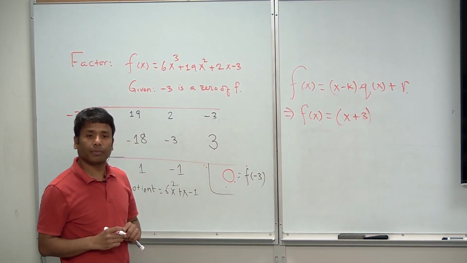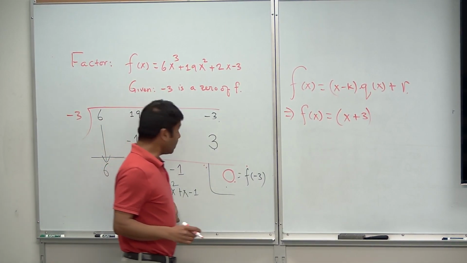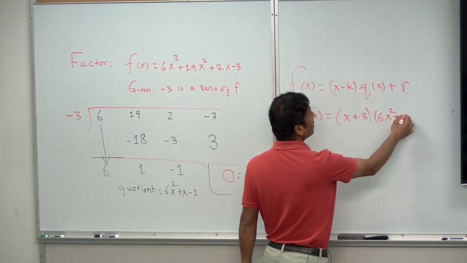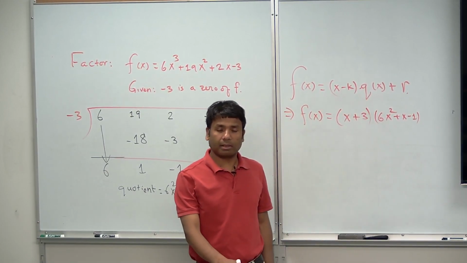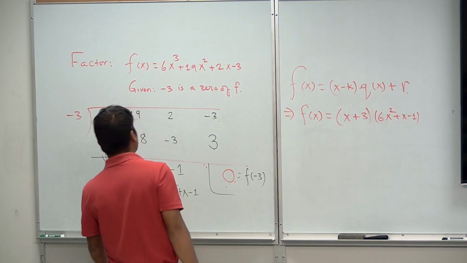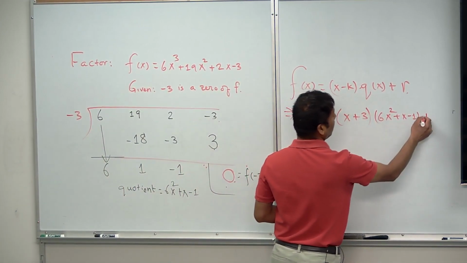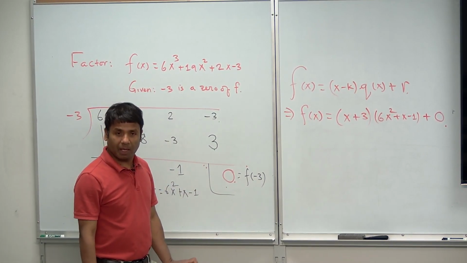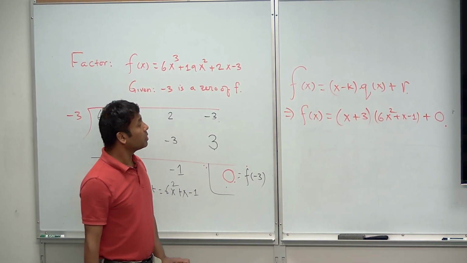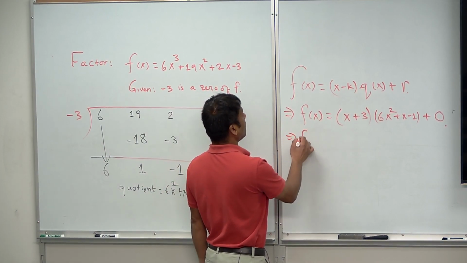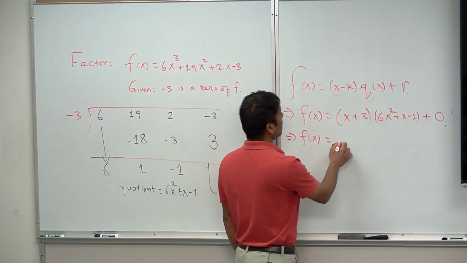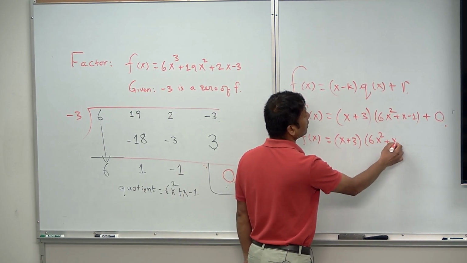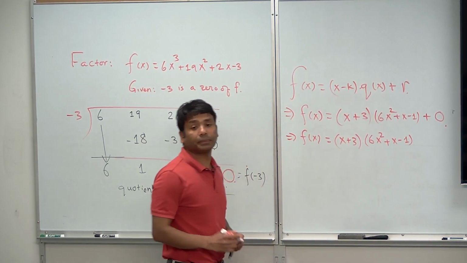Your q(x) is 6x squared plus x minus 1, and your remainder is 0. So f(x) equals (x plus 3) times (6x squared plus x minus 1).